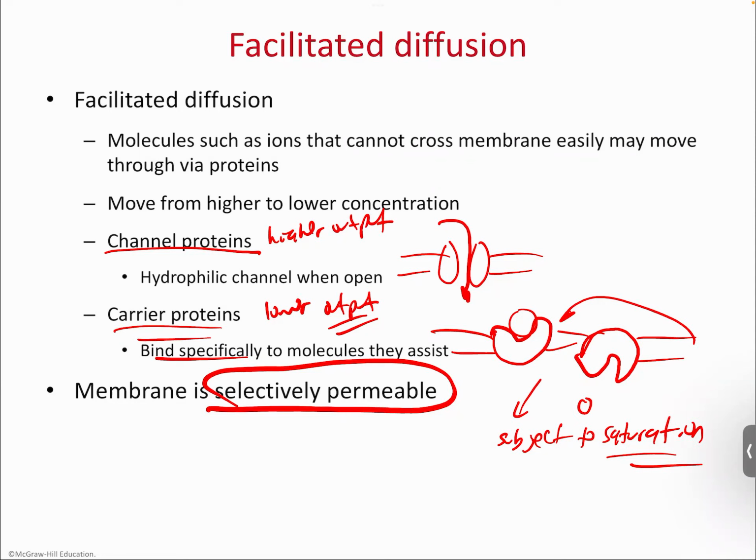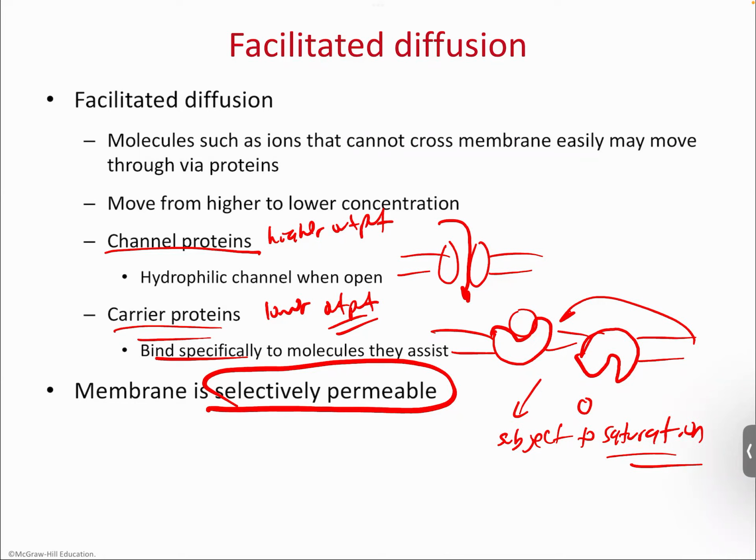And that's kind of what carriers are like, right? They basically take a certain number of molecules and ferry them across the membrane. But the reason why it's lower output is because you're limited to how many cars you can actually carry on the ferry, right? So if you can only carry 6 cars at a time and you're trying to move the entire population of, say, the size of Detroit, then obviously it's going to take a while, isn't it?